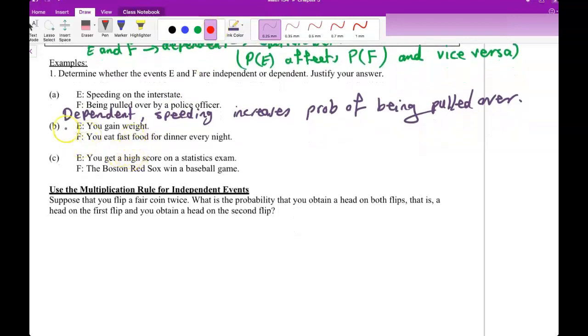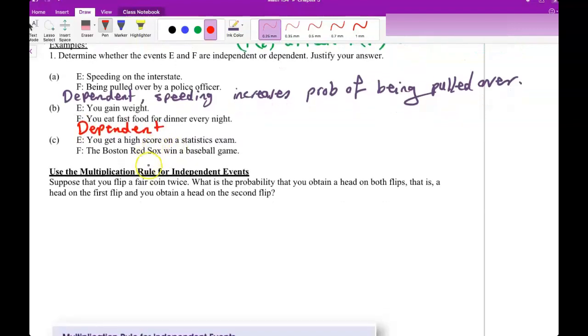Next one, again we have two events. The first one, you gain weight, and this event, you eat fast food for dinner every night. Obviously this one also is dependent, because gaining weight depends on eating fast food, or maybe eating more than needed. So this is dependent.